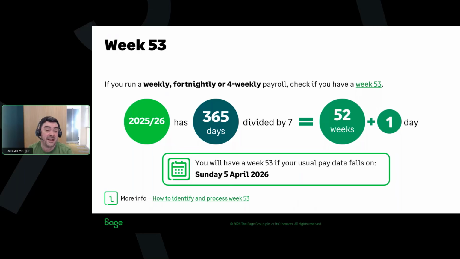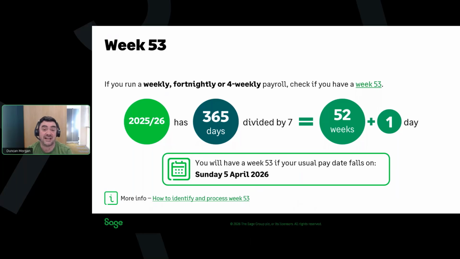And then once you've completed that final pay run, your week 53, if you have one, you're then ready to think about year end. Now, what can happen in the following tax year if you've had a week 53 is that HMRC issue a P800 notice to employees to inform them if they've underpaid tax. And that's because they've had an extra week of free pay allowance in the payroll, which is completely in line with HMRC guidance.